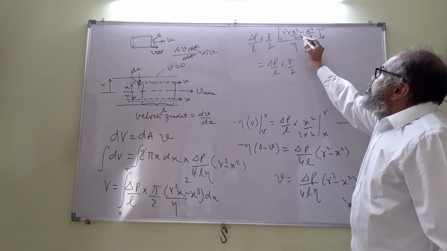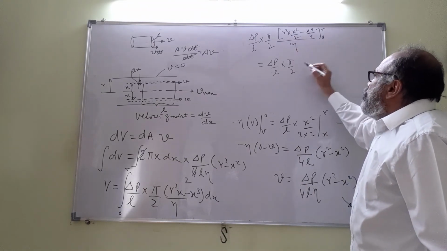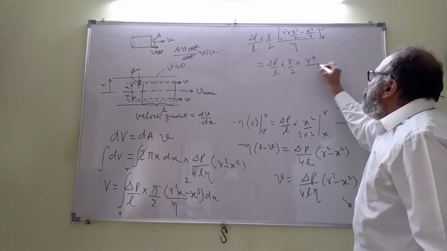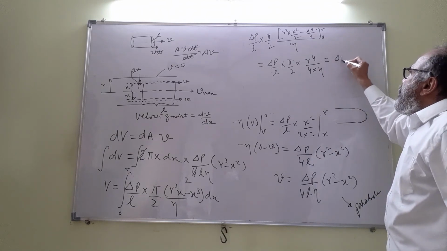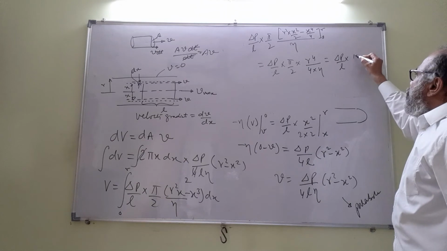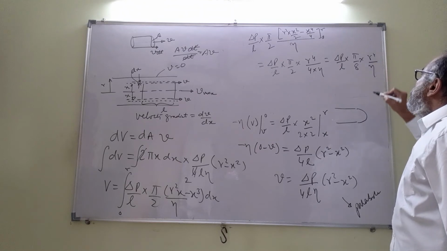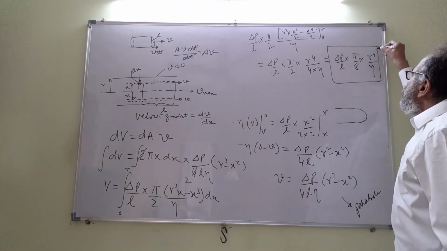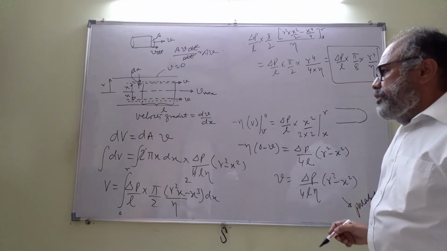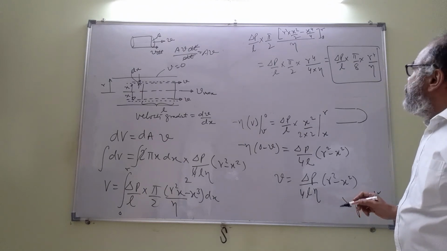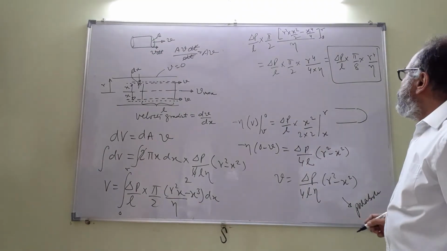Once you put the limits, this will be r to the power 4 by 2 minus r to the power 4 by 4, so R to the power 4 by 4 eta. Further simplifying, you have delta P by L into pi by 8 into R to the power 4 by eta. That is the volume flow rate of a viscous fluid through a thin capillary tube. That is also known as Poiseuille's equation.